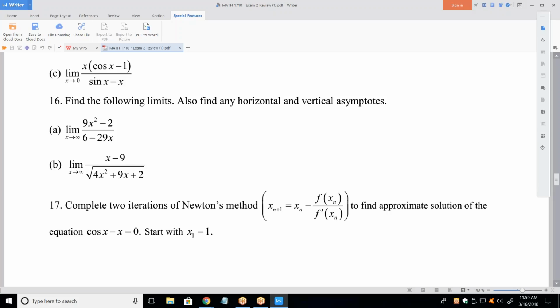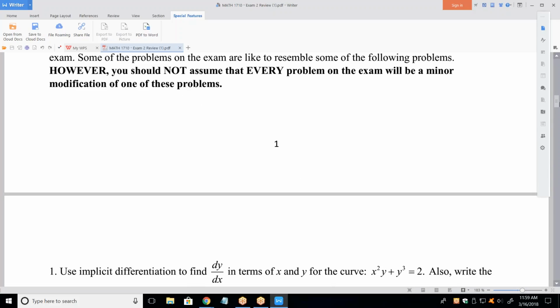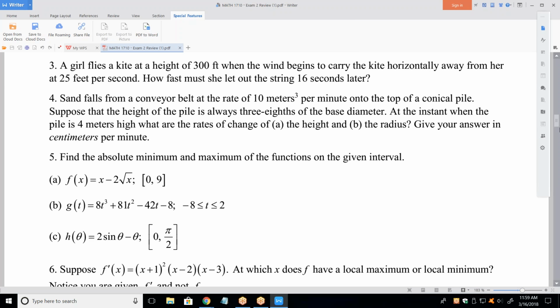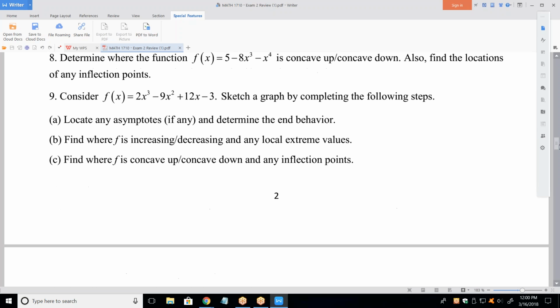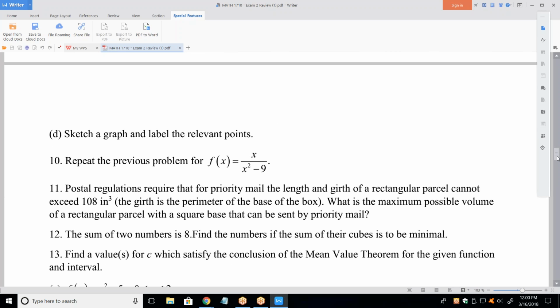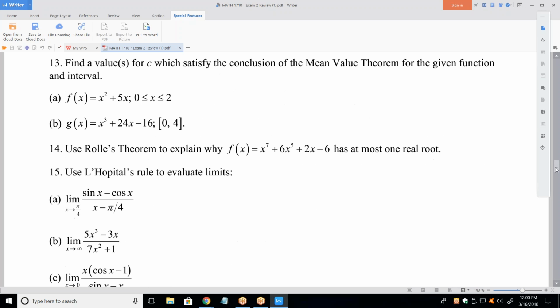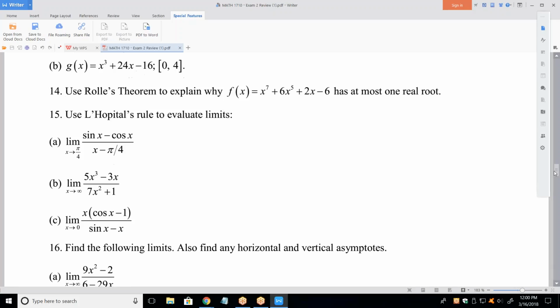Just guessing, and that might not be correct because these are bound to get more difficult the further we go. So far they've been relatively easy, but I can see some questions here that might be harder. L'Hopital's rule is actually really easy.